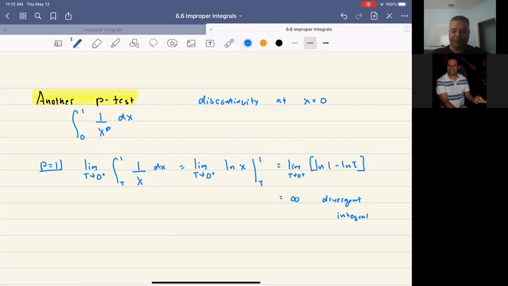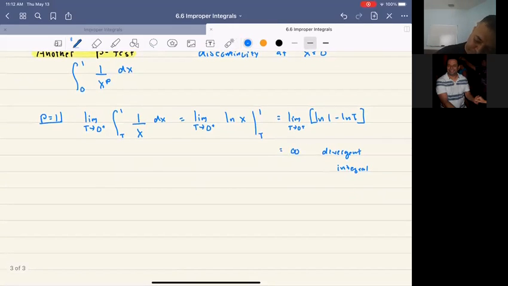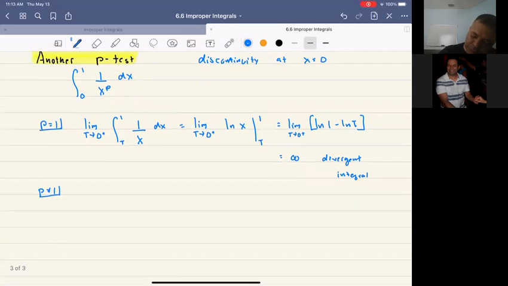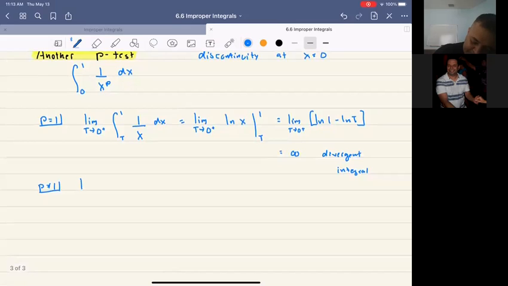Okay. All right, let's take a look now at what happens when p is not equal to 1. Okay, so we're going to take again the limit, t goes to 0 from the right, of the integral from t to 1 of 1 over x to the p dx.